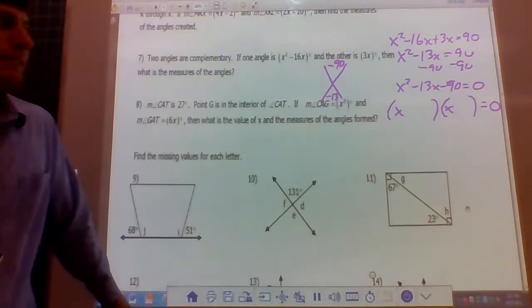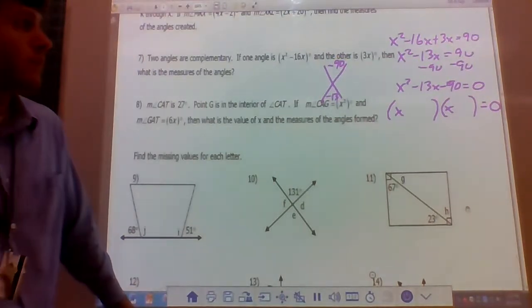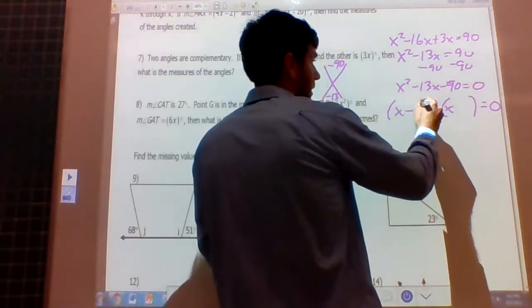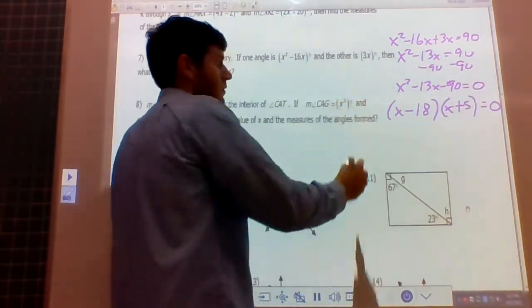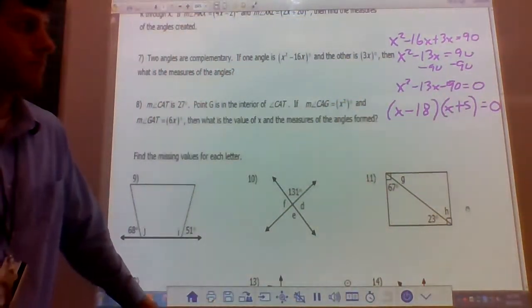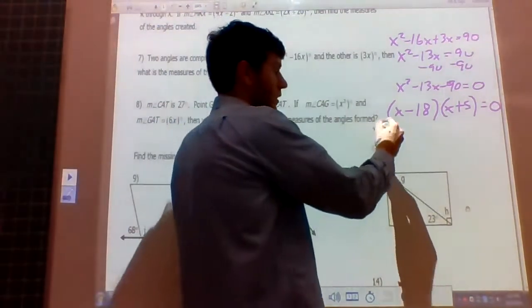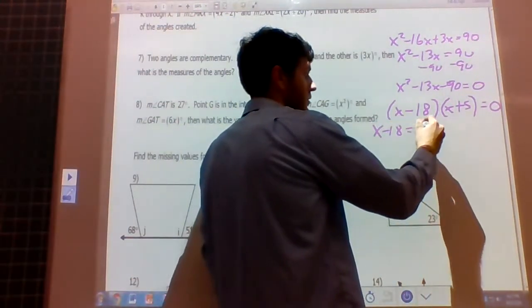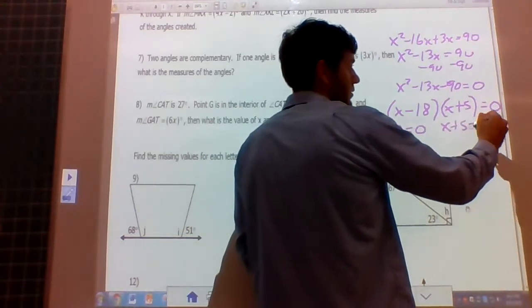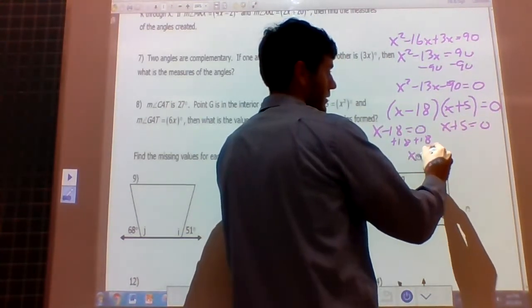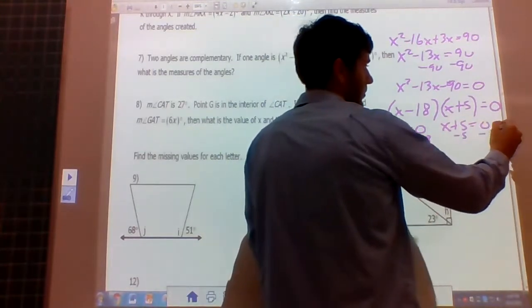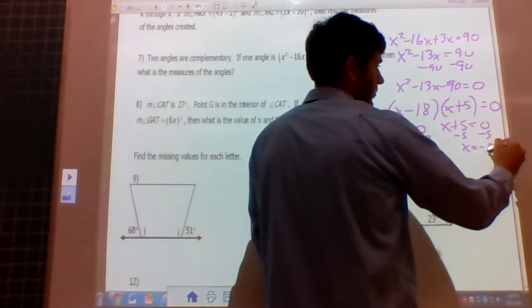So how about 18 and 5? So how about negative 18 and positive 5? So that leaves us with x minus 18 equals 0, and x plus 5 equals 0. So we add 18, we get x equals 18, minus 5, x equals minus 5.